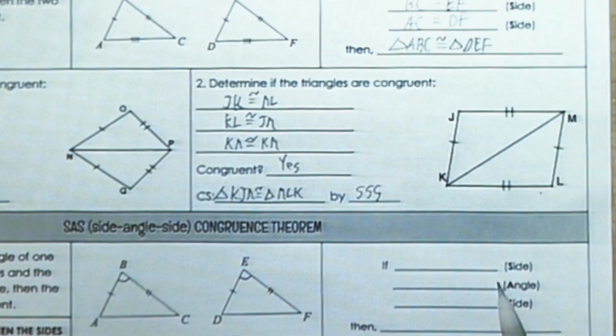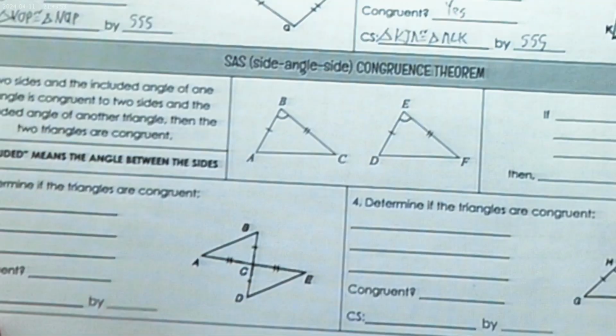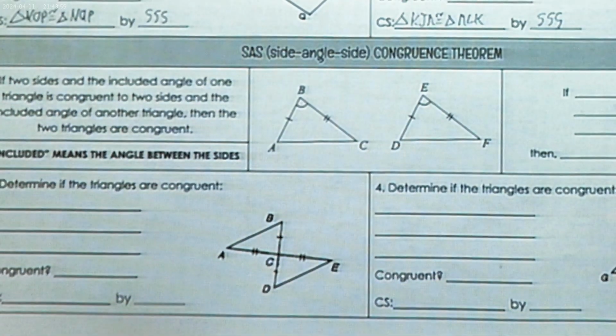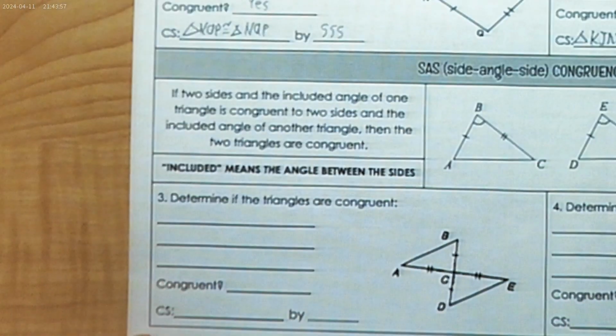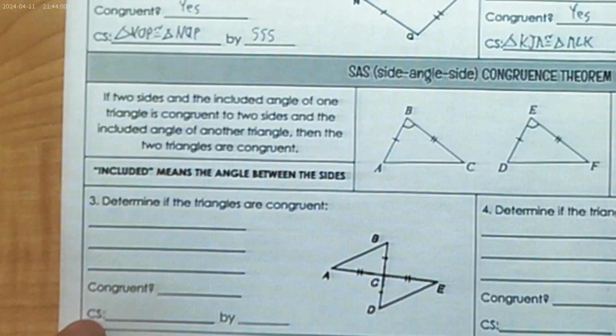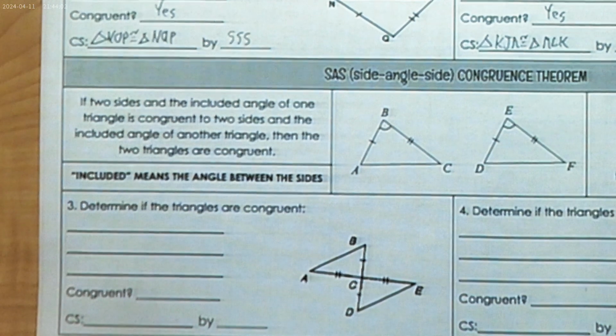All right, now our next theorem is the side-angle-side theorem. So we had the same thing here with similar triangles. If two sides and the included angle of one triangle are congruent to two sides and the included angle of another triangle, then the two triangles are congruent.